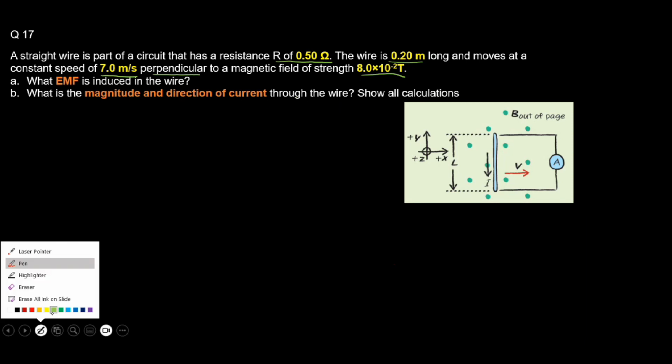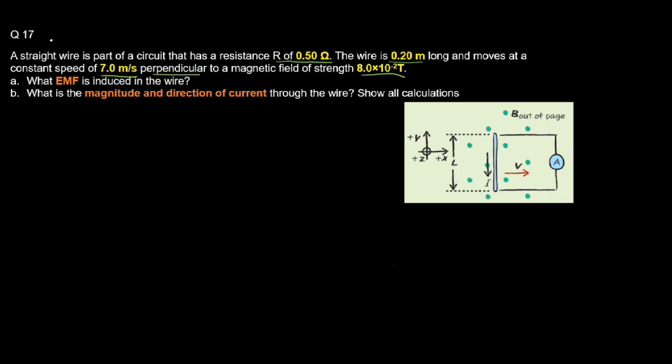So let us first write down what the question has given us. We have the resistance R, which is 0.50 ohm. I have the length of the wire, 0.20 meter. We have the speed with which the wire moves, 7.0 meter per second.